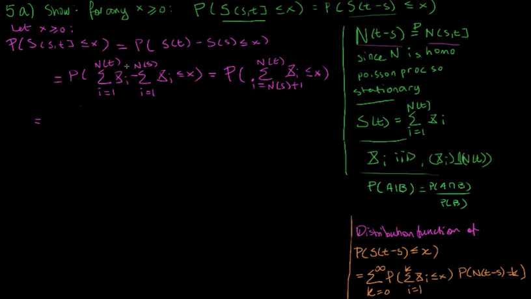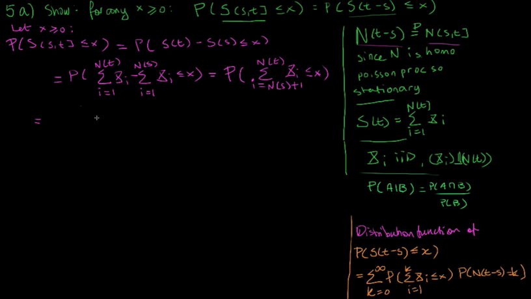So N of t and N of s are not necessarily independent. But when we work with things, we like to put them up as independently as possible. So recall that N has independent increments. That's one of the defining points of the Poisson process.